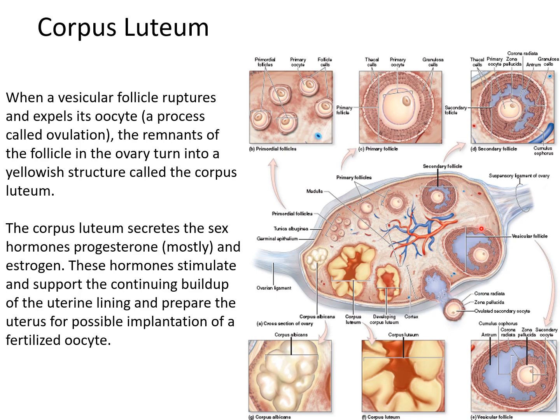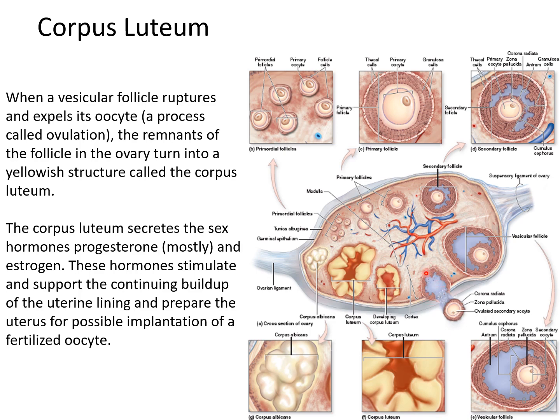So here, this was your vesicular follicle right here. Ovulation occurs, which is basically the rupture of that vesicular follicle, and as it ruptures, the oocyte is allowed to leave the ovary. While the oocyte leaves, you still have all of this follicle that's left.